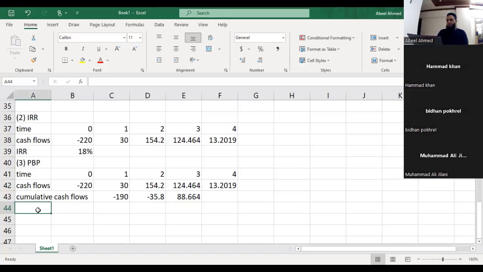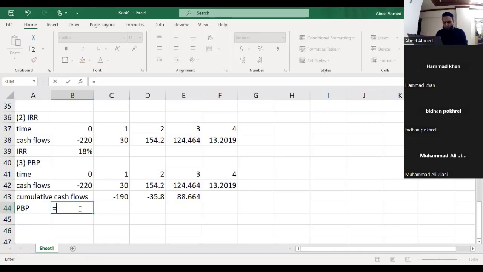And I think we did discuss as soon as you get the positive cash flow, it means that ignore other cash flows. As soon as you're getting a positive cash flow, it means you have reached the payback period. Can I say it is going to take more than 2 years? Yes or no? So it will take more than 2 years.